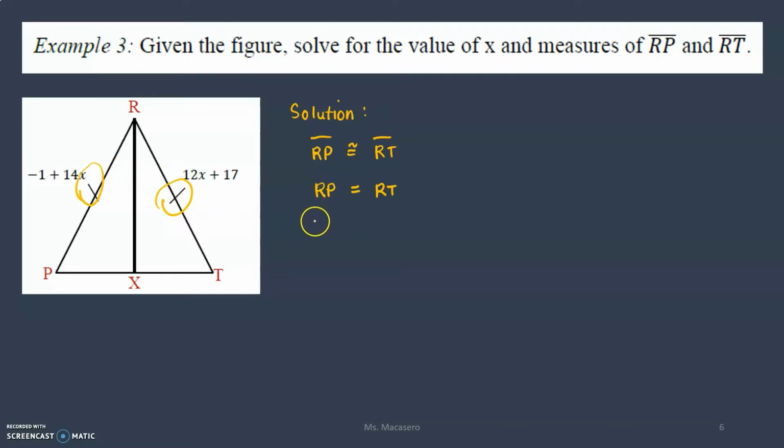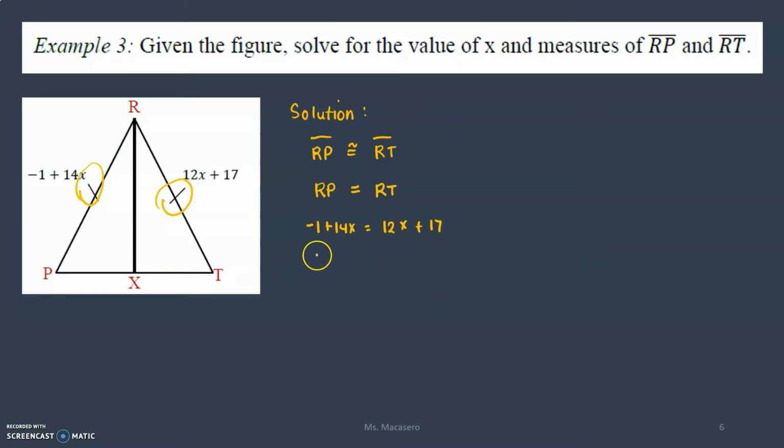RP is equal to -1 plus 14x equals 12x plus 17. Solve for x, isolate all the terms having x on one side and all the terms not having a variable on the other side.